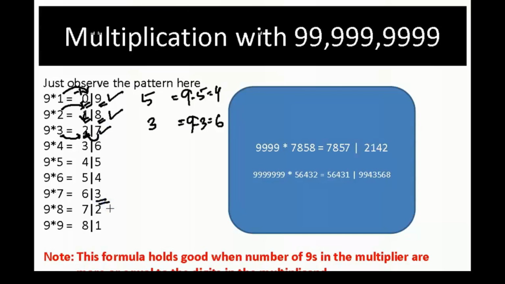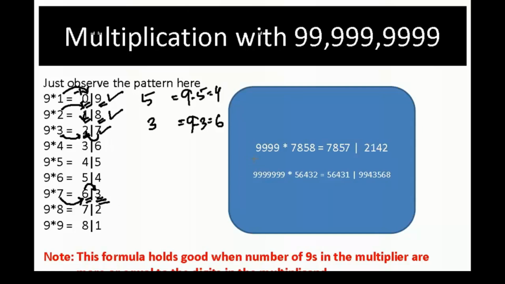Take the case of 9 into 7 is 63. This number is 1 less than 7, that is 6, and this number is the 9's complement of 7, that is 3. If you extend this to higher numbers also, you will always find the same pattern.